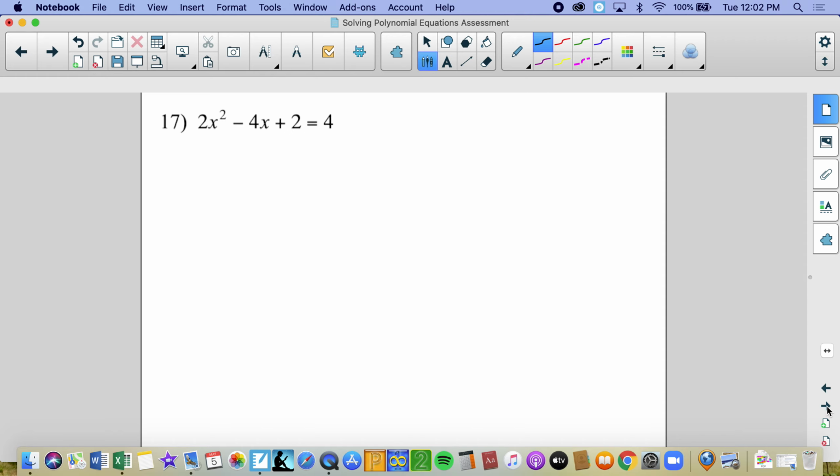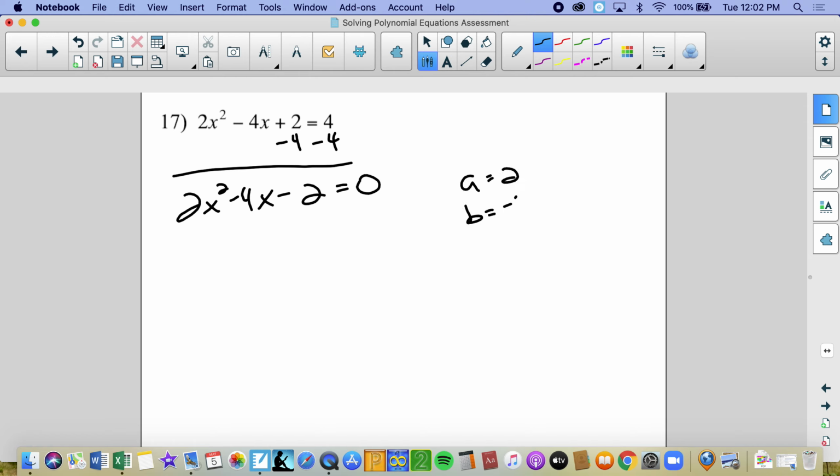And the last one, I don't know why I did one more. Oh, I bet you it becomes irrational. You get 2x squared minus 4x minus 2 equals 0. A is 2, B is negative 4, C is negative 2.